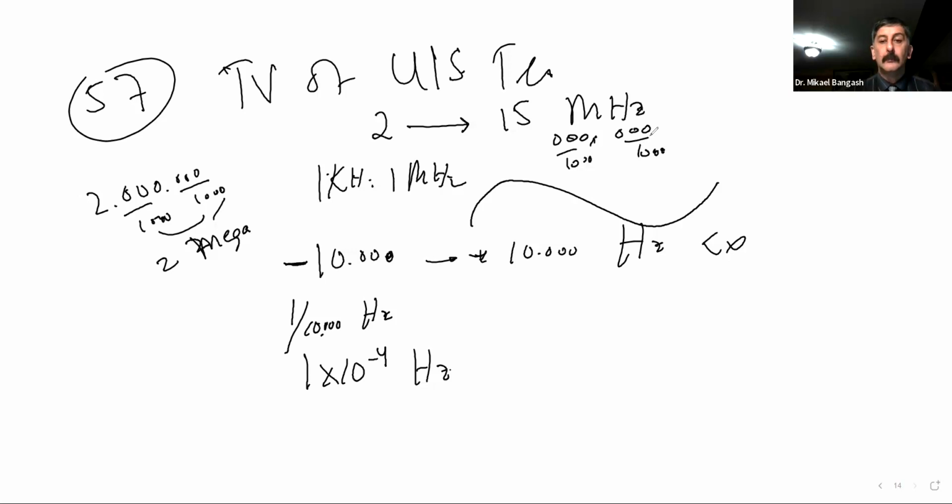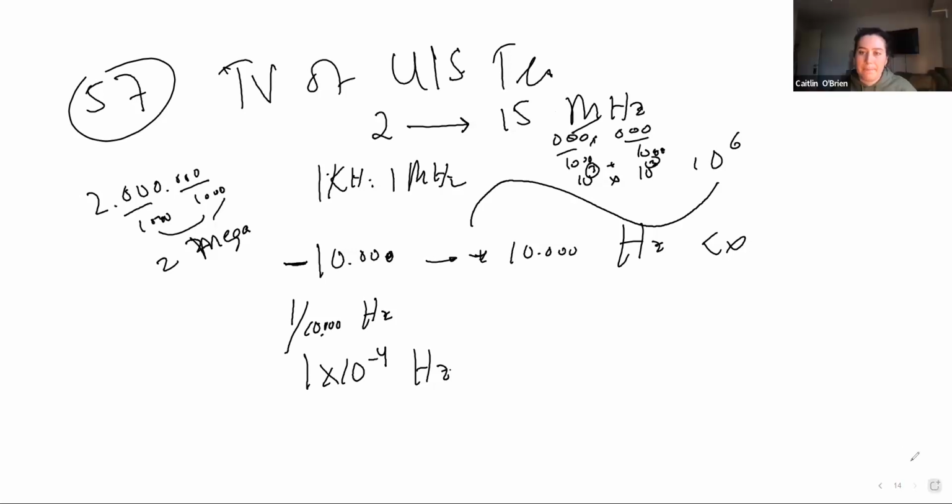It's going to be 10 raised to the power 3, times 10 raised to the power 3, and we can just add these, and it becomes 10 raised to the power 6, which was a mega. You guys get that?